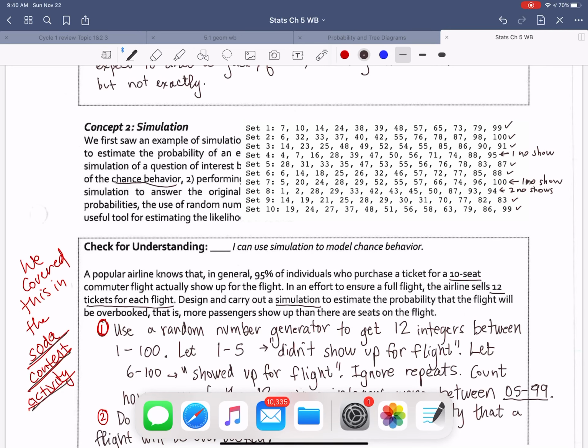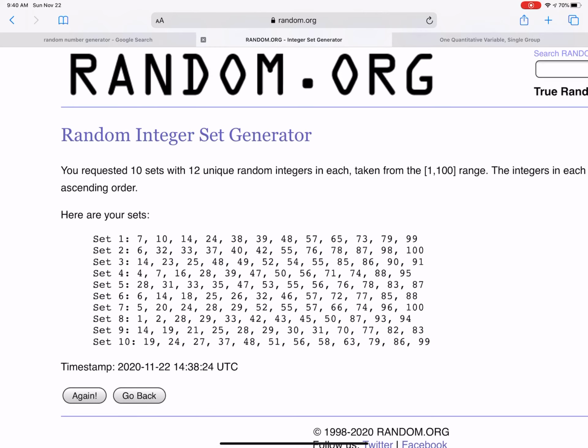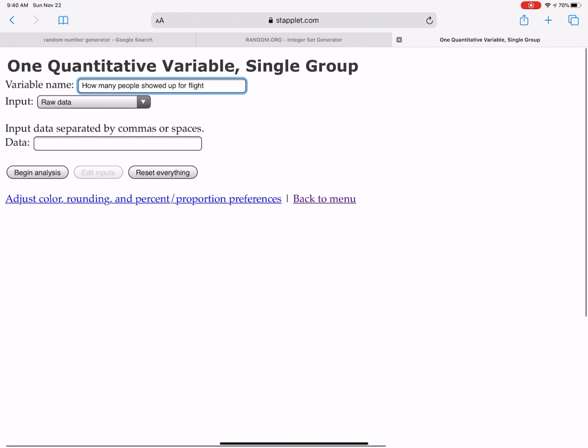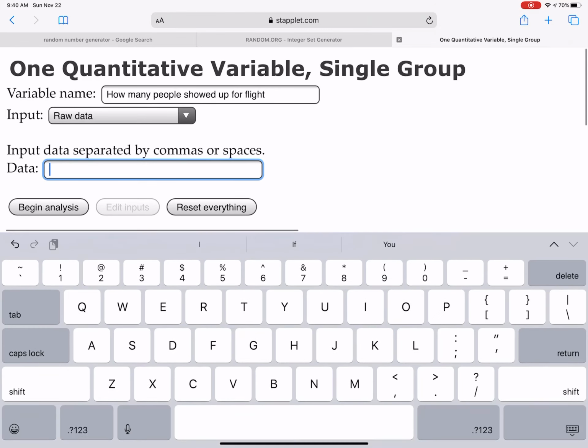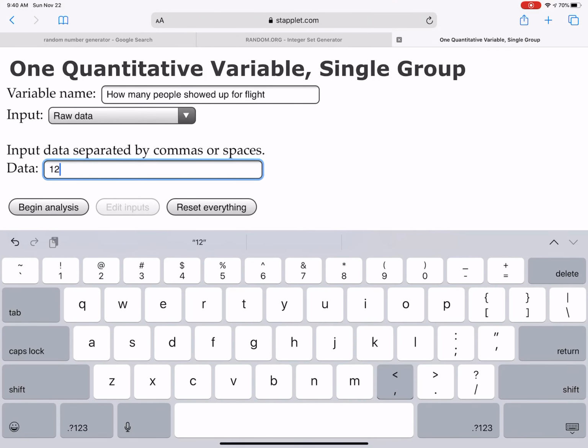Okay. So now I'm going to go to Statplet, and it's how many people showed up for the flight. I actually had 12, 12, 12, 12, 12, 12, 12 out of a set of 10, right? And then I had 1 that 2 didn't show up, 1 that 11 people showed up.